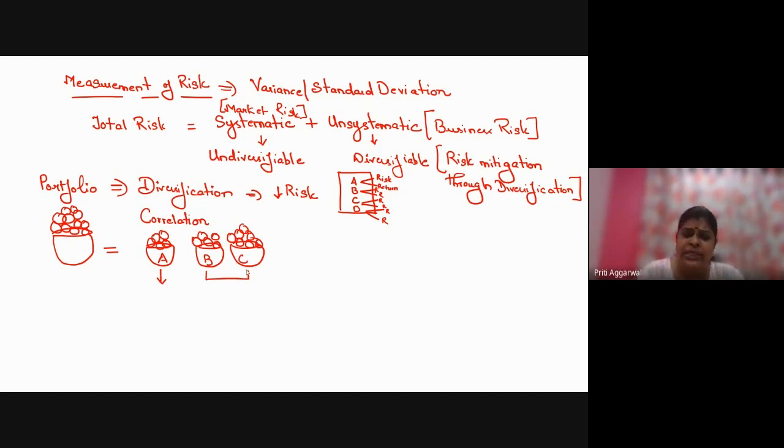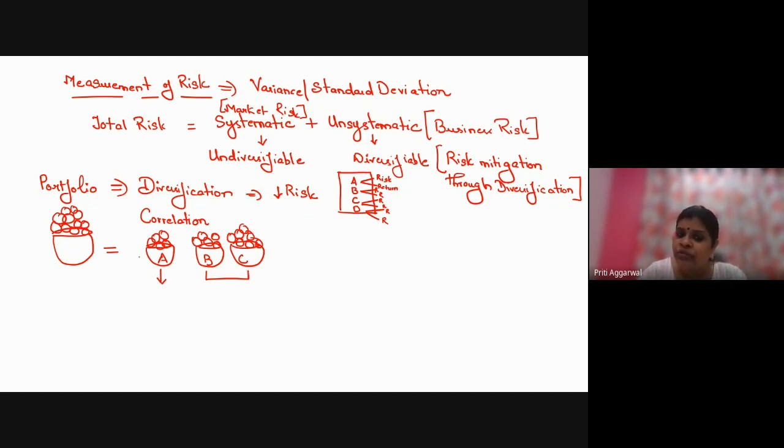The same concept applies to your portfolio. In a portfolio, when we want to have diversification, the primary objective is that I need to reduce my risk, right? I want to reduce the risk of my portfolio, and for that, what I do is I diversify, right?